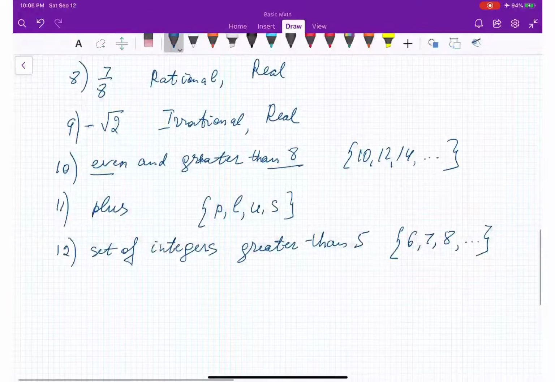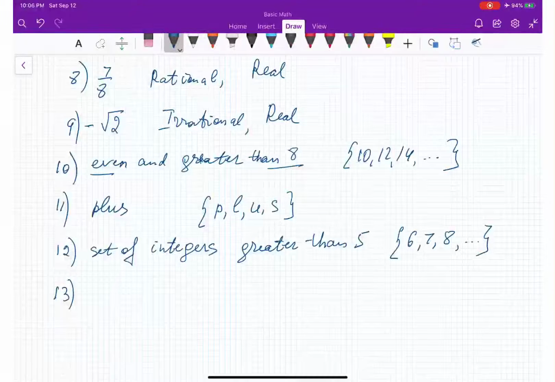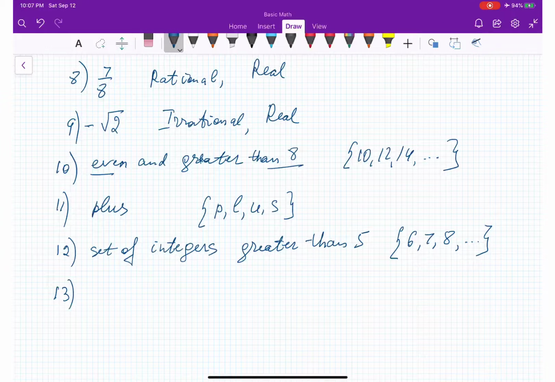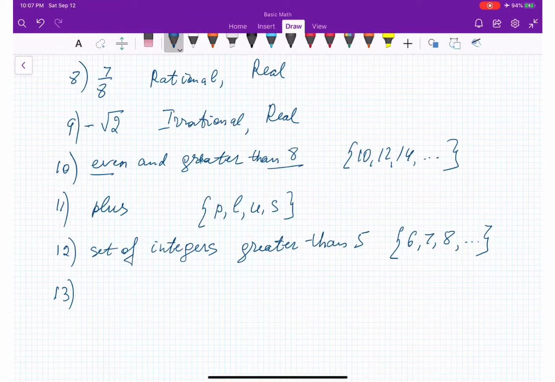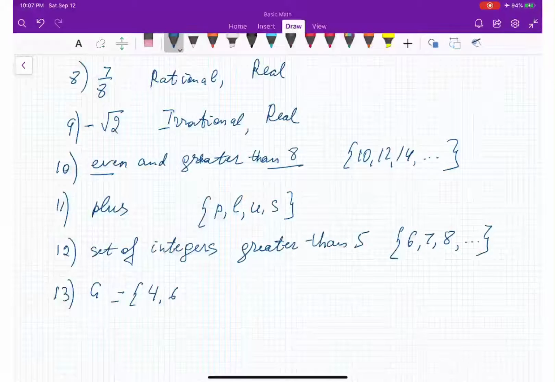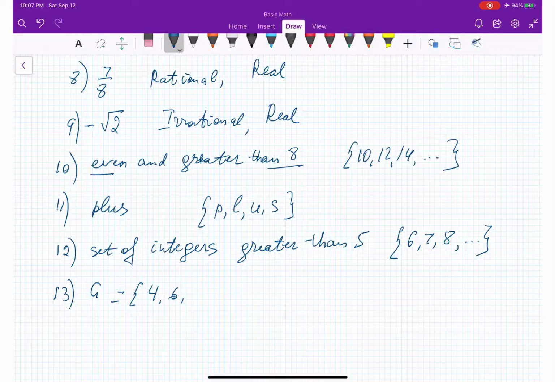Question number 13. Now we need to write down the set in set builder notation. We are given G, the even numbers from 4 to 10, which is going to be 4, 6, 8, 10.